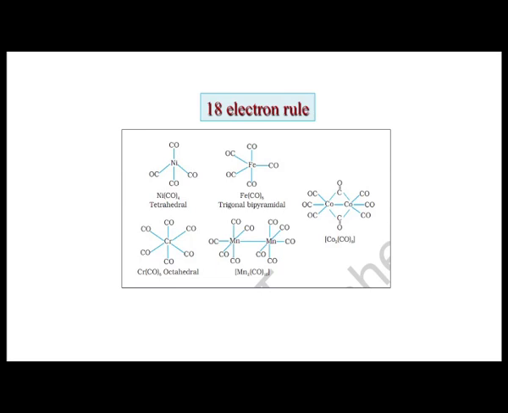Stability is gained from that, and it is not a simple example where you have to memorize everything. Logically you have to think that the 18 electron configuration is preserved in all these species, and consider the available number of carbon monoxide. So, definitely if M is cobalt, your carbon monoxide number is 8. Okay. Thank you very much.